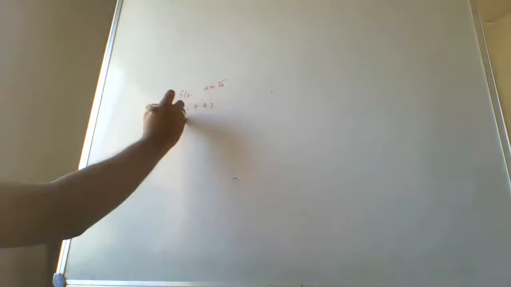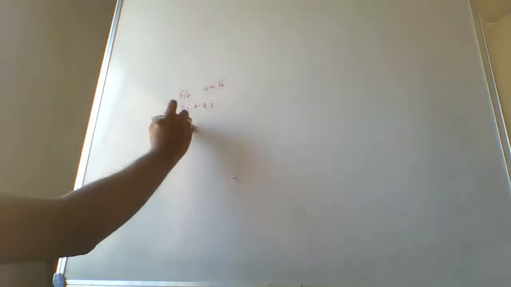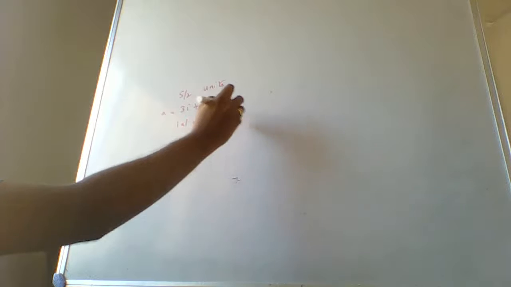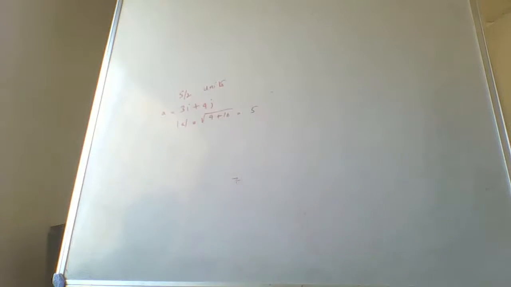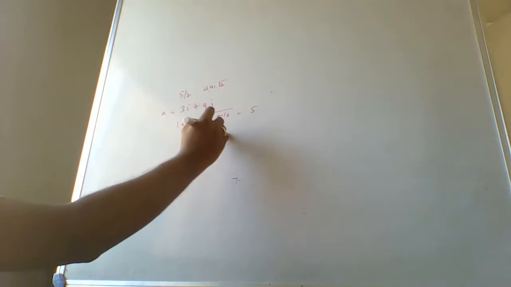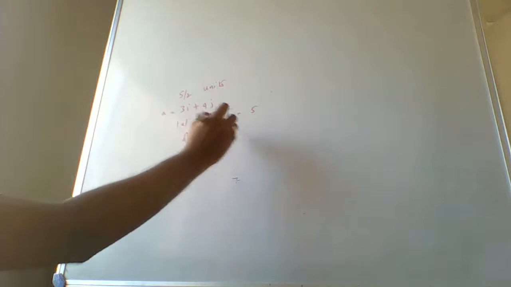If I consider this as a, mod a will be square root of 9 plus 16, which is 5. 3 square plus 4 square is 25, and the square root of that is 5. The unit vector would be a cap, which is a divided by mod a.